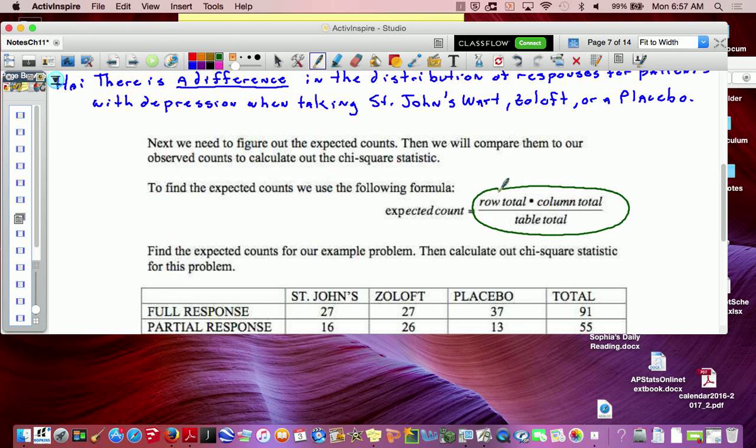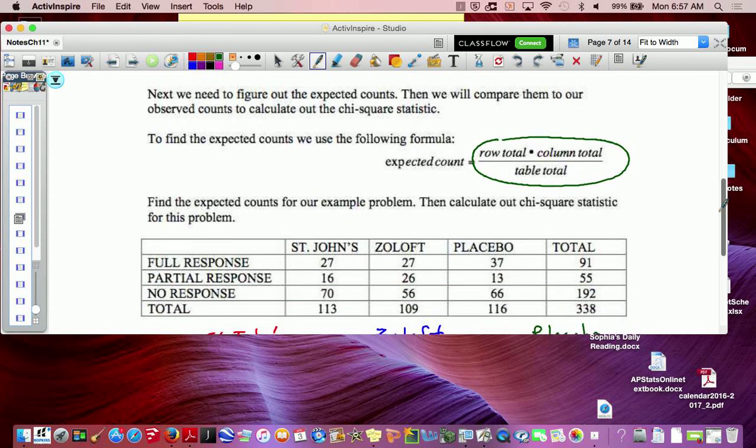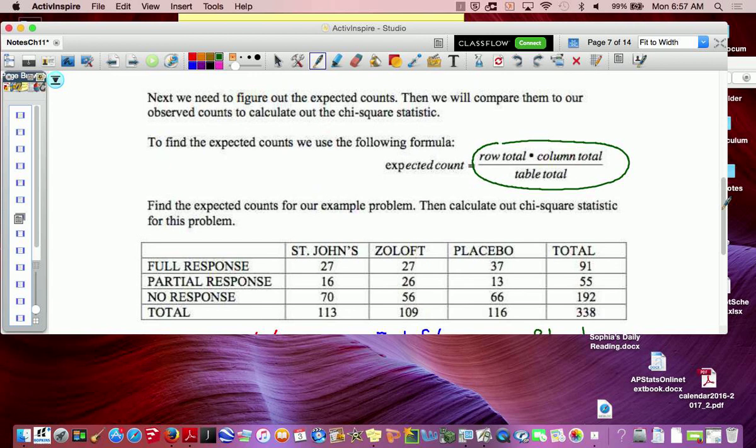Okay? So basically I'm going to show you why this formula works the way it does. If I'm trying to figure out the expected count for St. John's wort with having a full response, you look at it this way. What we would expect to happen here is we would be looking at it as independent events.